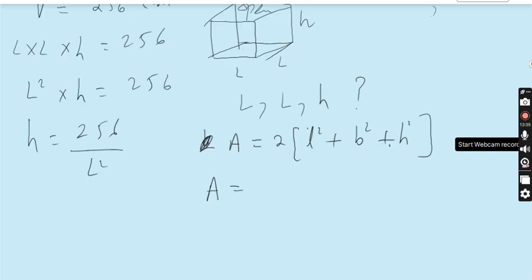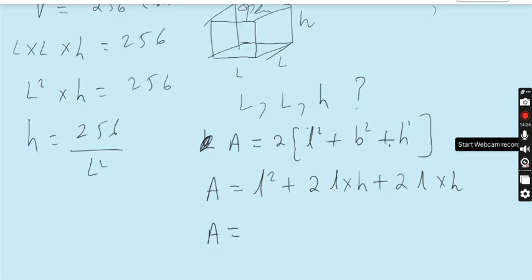In our question, the box is open. So we have to write L square plus 2 into length into height plus 2 into base into height, or length, and 2 into length into height. This is the formula. I repeat again, we don't involve 2 with L square because the box is open.